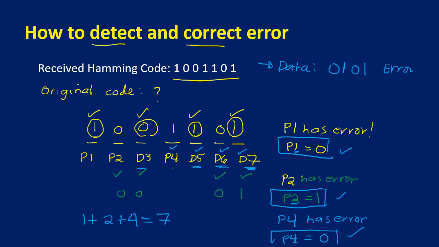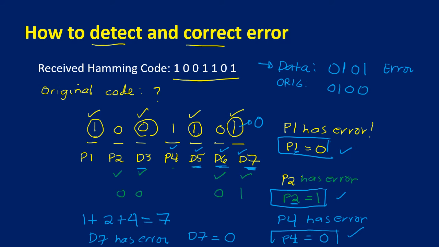So that means D7 has the error. Therefore, D7 should be equal to 0. So this one must be 0, and the original data should be 0, 1, 0, 0.